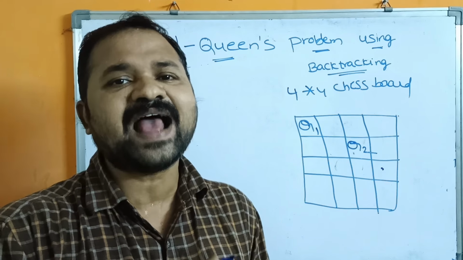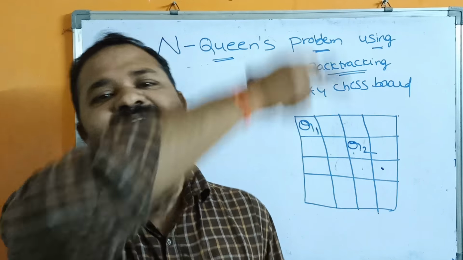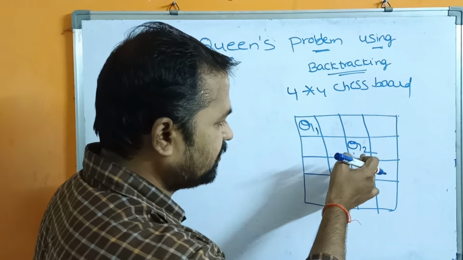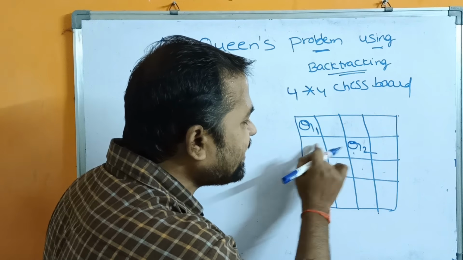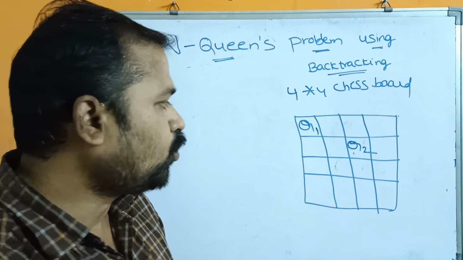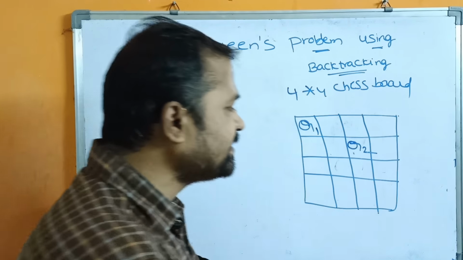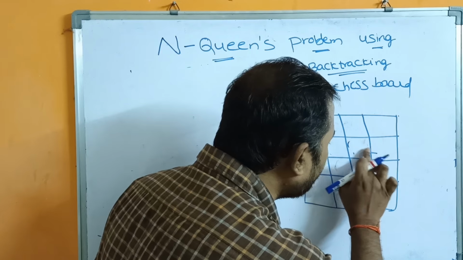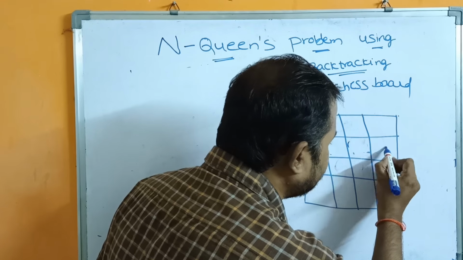In that occasion, we have to backtrack to its previous queen. So Q2 is placed in second row, third column. So here we have another possibility, that is second row, fourth cell. So let us place Q2 in second row, fourth cell.